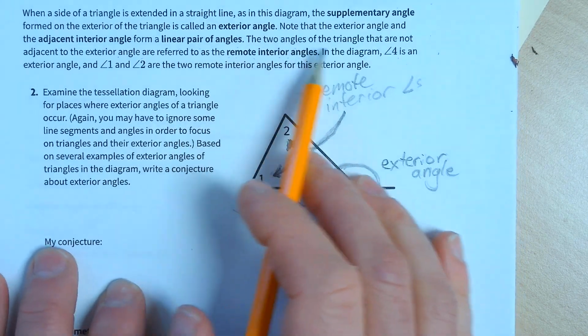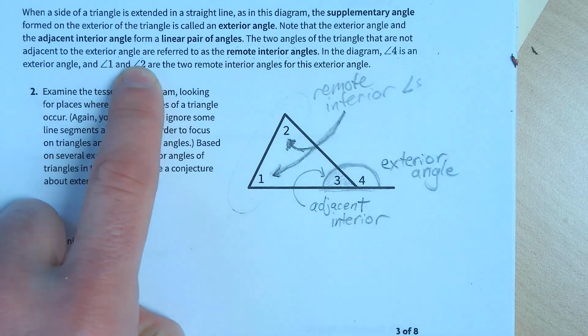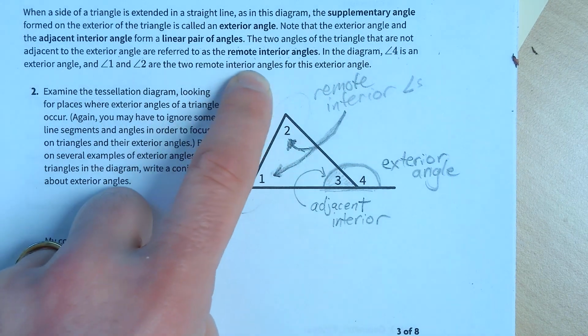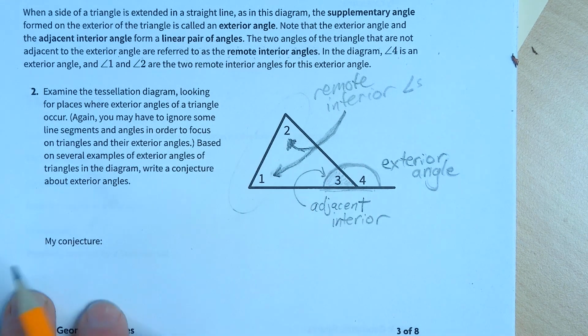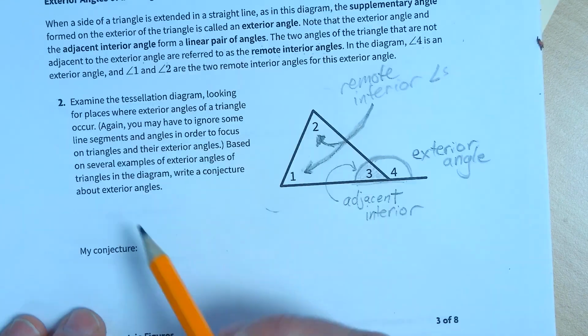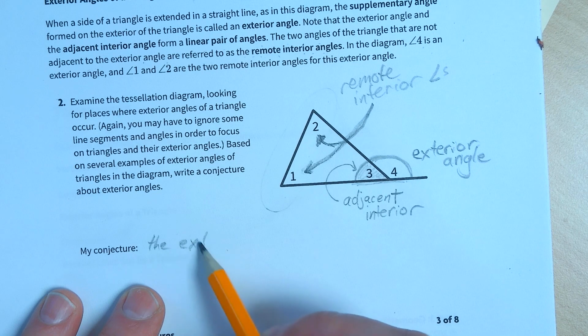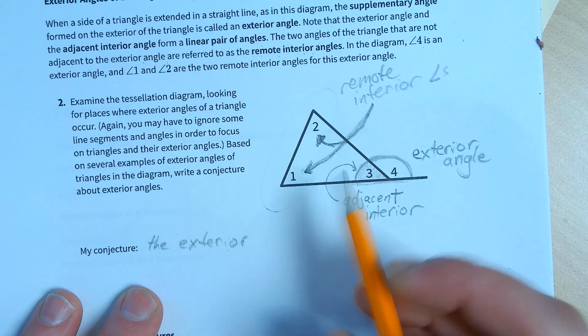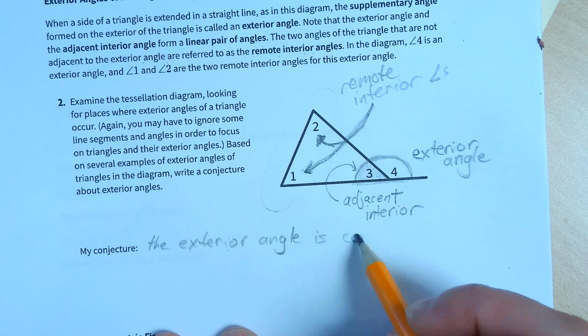Are we done with this? Remote interior. In the diagram, number 4 is the exterior angle. 1 and 2 are the 2 remote interior angles, and 3 is the adjacent interior angle. Okay, here's my conjecture. The exterior angle is cool.